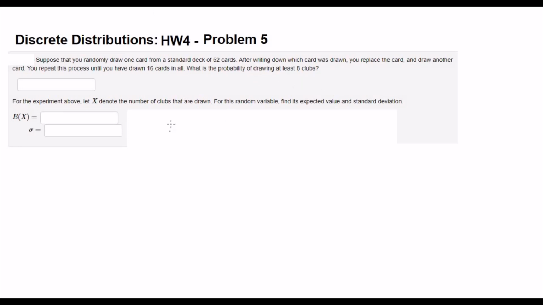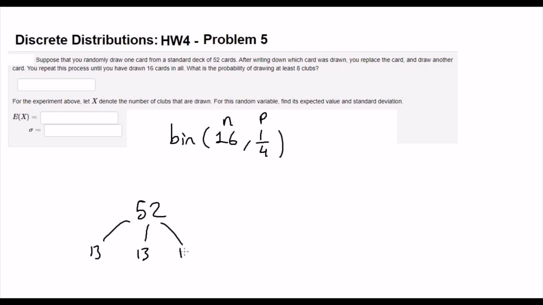This is a binomial distribution with the parameters 16, which is our n trials, and 1/4, this is our p. Because in a standard deck of 52 cards, we have 13 of each suit, and one of the suits is clubs. So we have 13 out of 52, which is 1/4 probability.